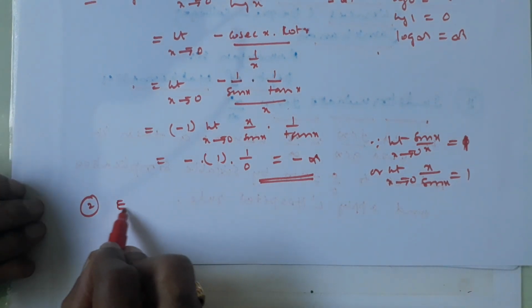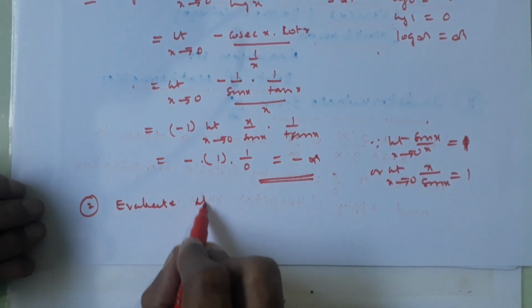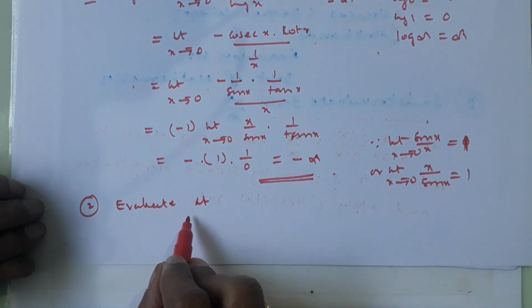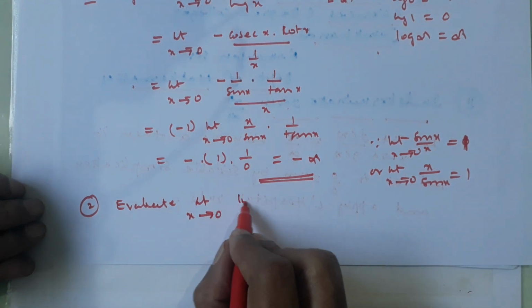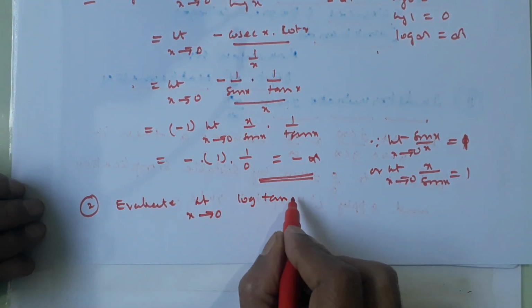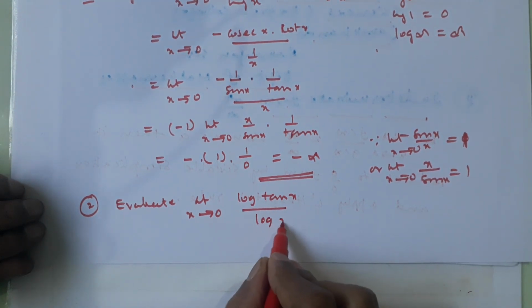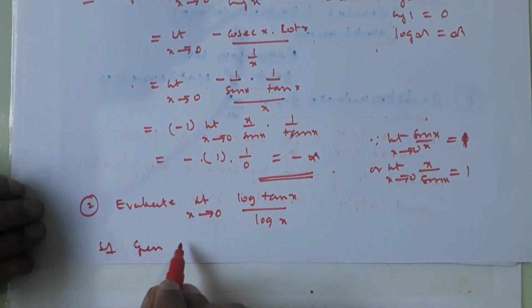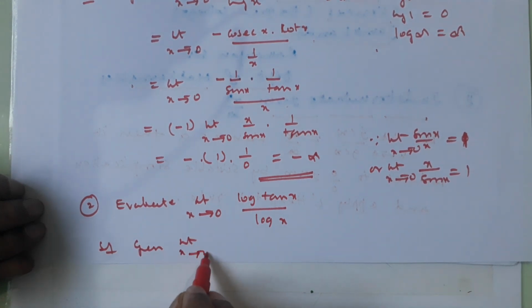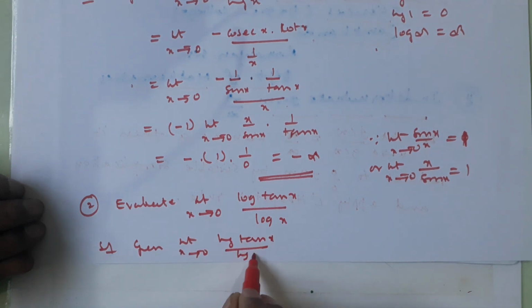Evaluate limit x tends to 0 log tan x divided by log x. Solution. Given limit x tends to 0 log tan x divided by log x.